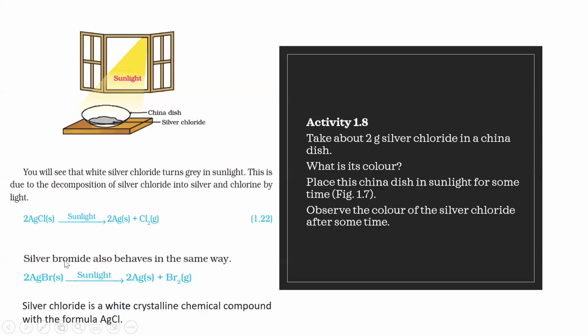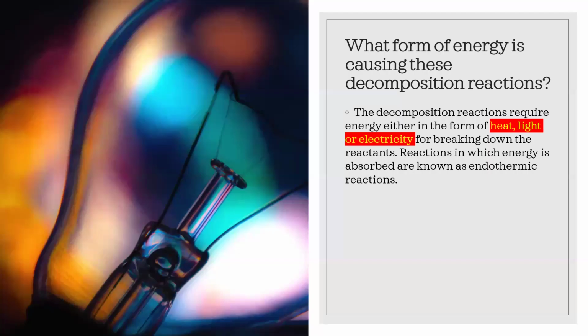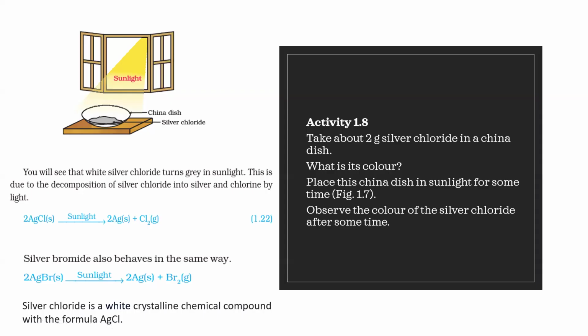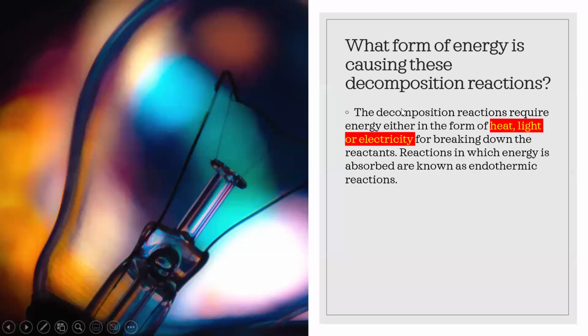Next one is silver bromide. Similar to silver chloride, silver bromide also behaves in the same way. So silver bromide, in the presence of sunlight, forms silver plus bromine. Next one, what form of energy causes this decomposition? Some energy has to be applied for the decomposition reaction, right?